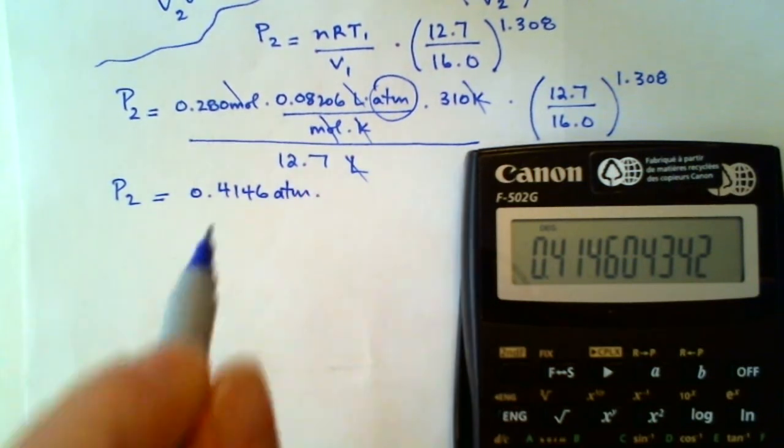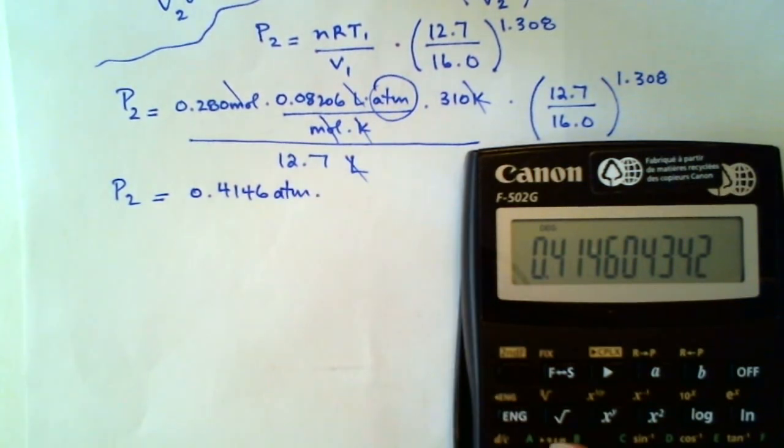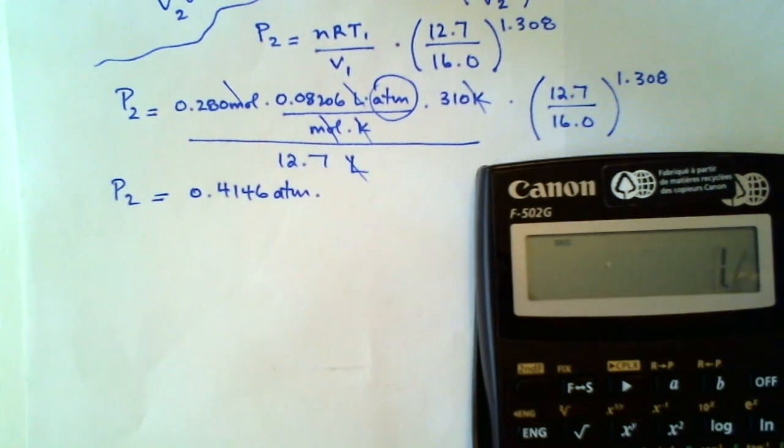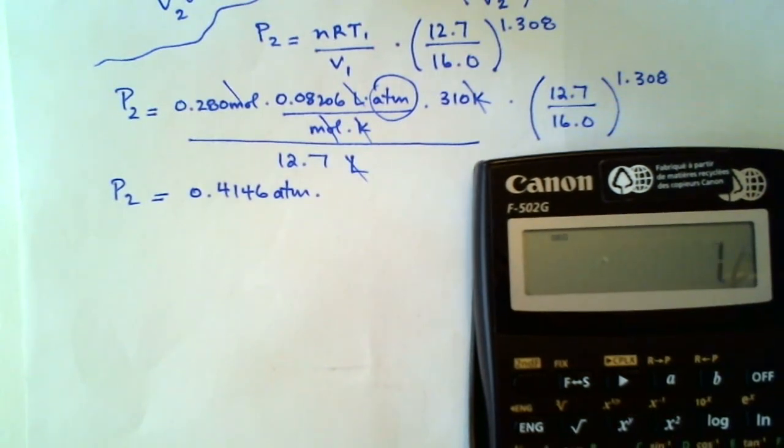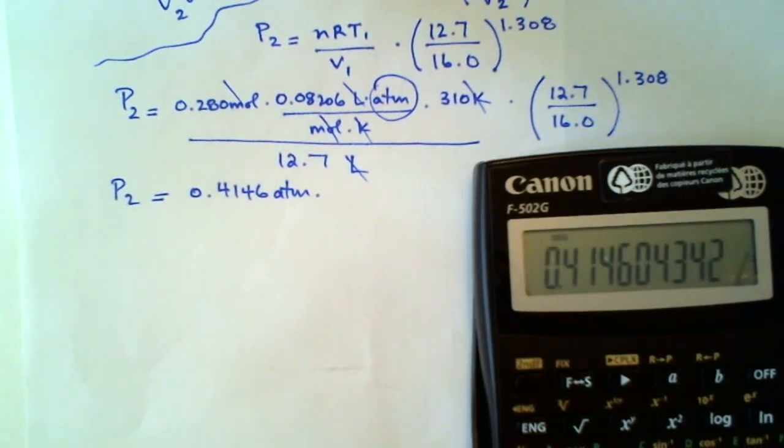I just want to do that again. I'm hearing myself say, I'm not sure if I said that right. 12.7 divided by 16 equals, raised to the 1.308 equals, times 310, times 0.08206, times 0.28 equals, and then divide by 12.7, yep, 0.4146.